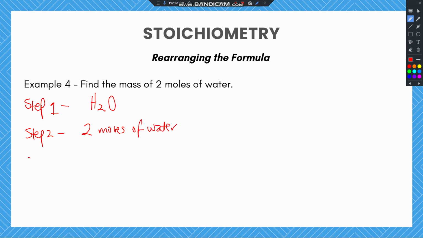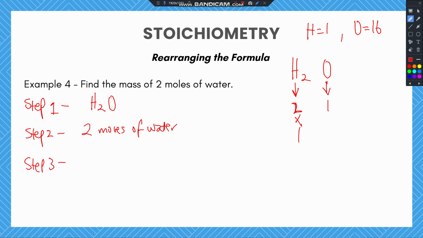Step number 3 would be to calculate the molar mass. What's the molar mass of water? Well, we have H₂O. Hydrogen appears twice, oxygen appears once. So we have hydrogen, which becomes 2 times the atomic mass of hydrogen, which is 1, and the atomic mass of oxygen is 16.